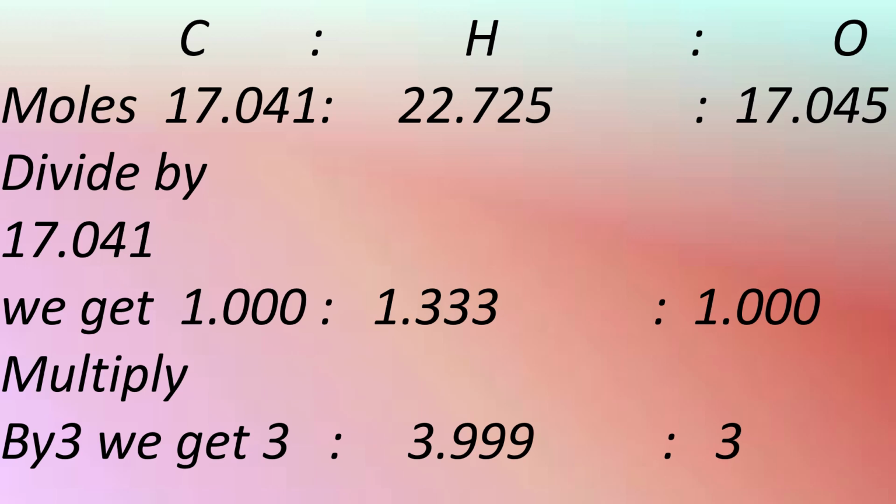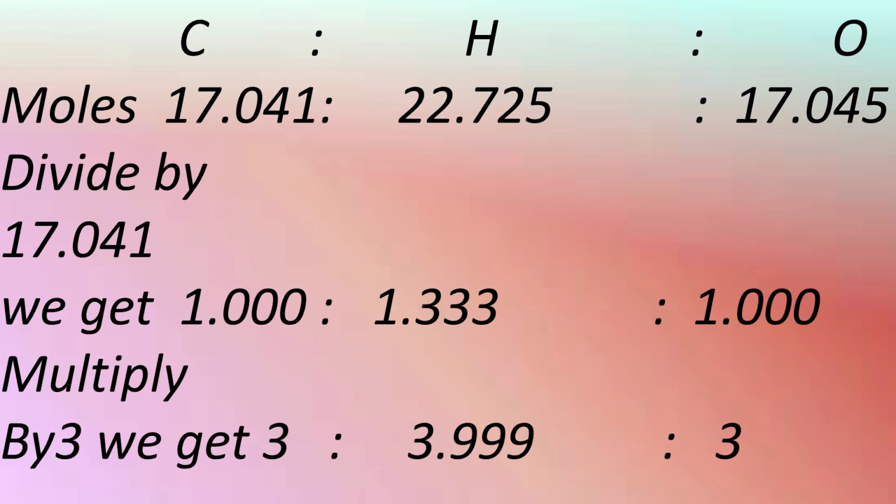Now, because 1 is whole number, but 1.333 is not whole number. So we will multiply it by 2. First by 2. When we will multiply by 2, the moles of hydrogen, it doesn't appear whole number.